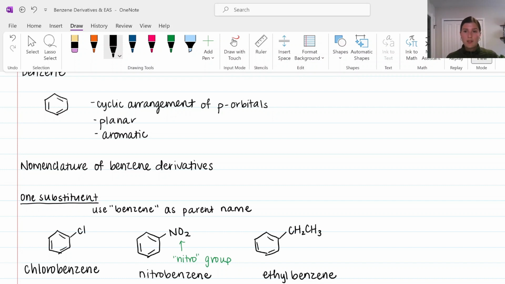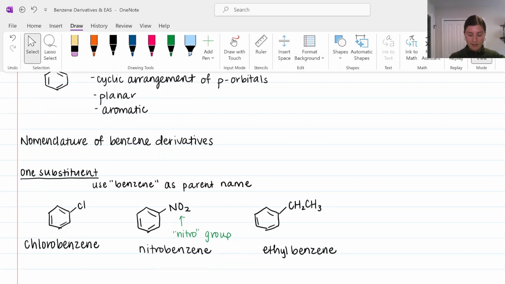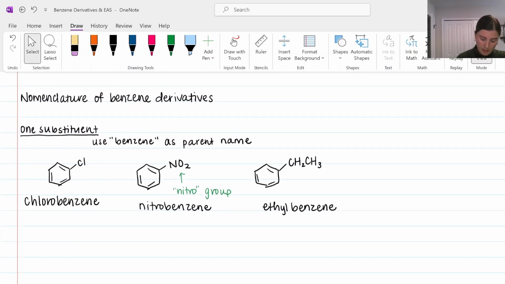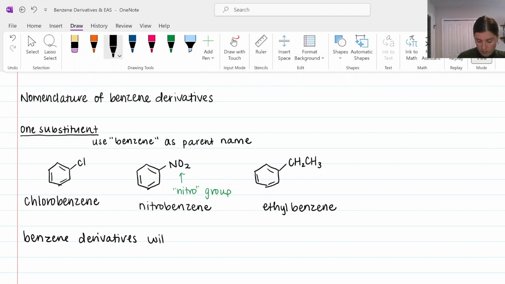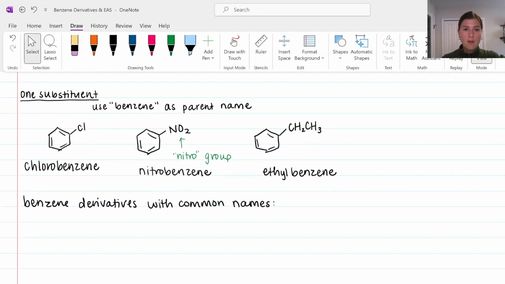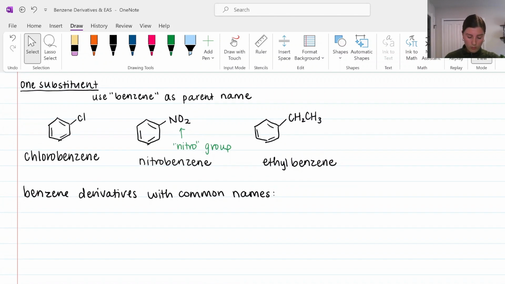There are also some benzene derivatives that have common names, and so we'll want to remember these as well. These are benzene derivatives with one substituent.